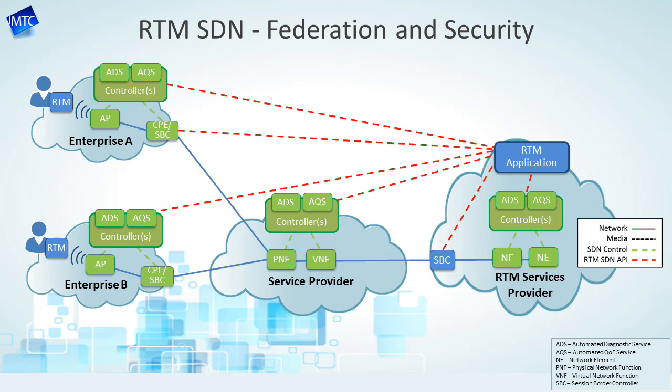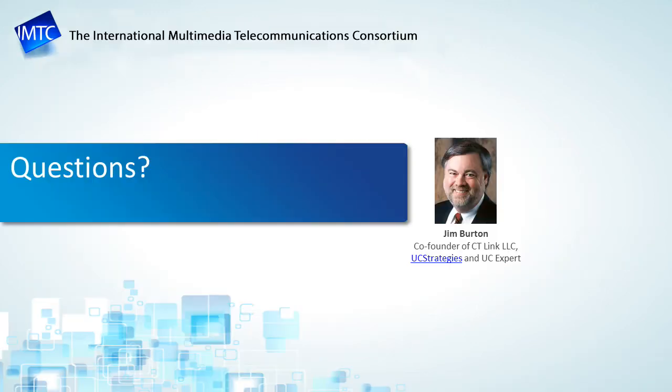At the same time, you're not exposing your network, you're not exposing the topology, you have your own protection against any malicious attack which can come through the common internet infrastructure. So that's a way of addressing the security challenges for the enterprises in the RTM SDN model.